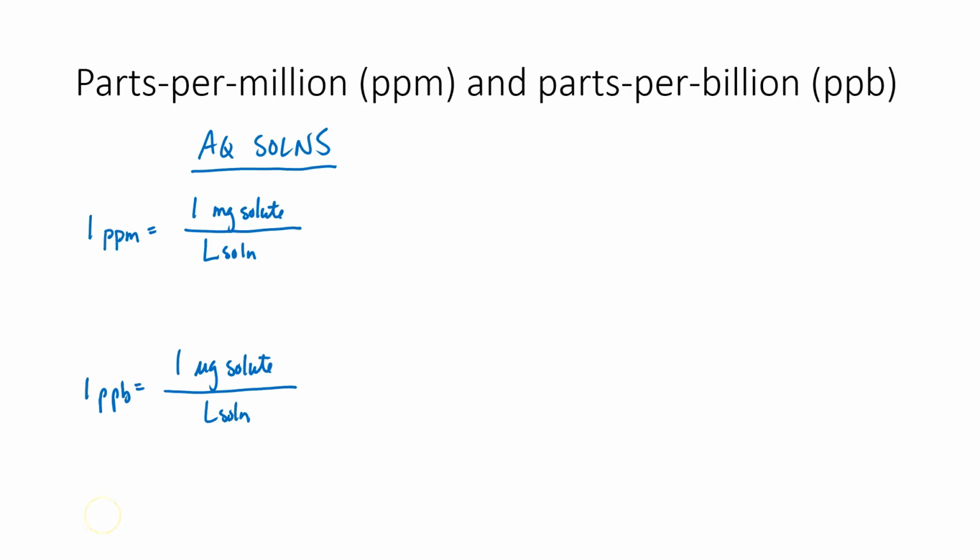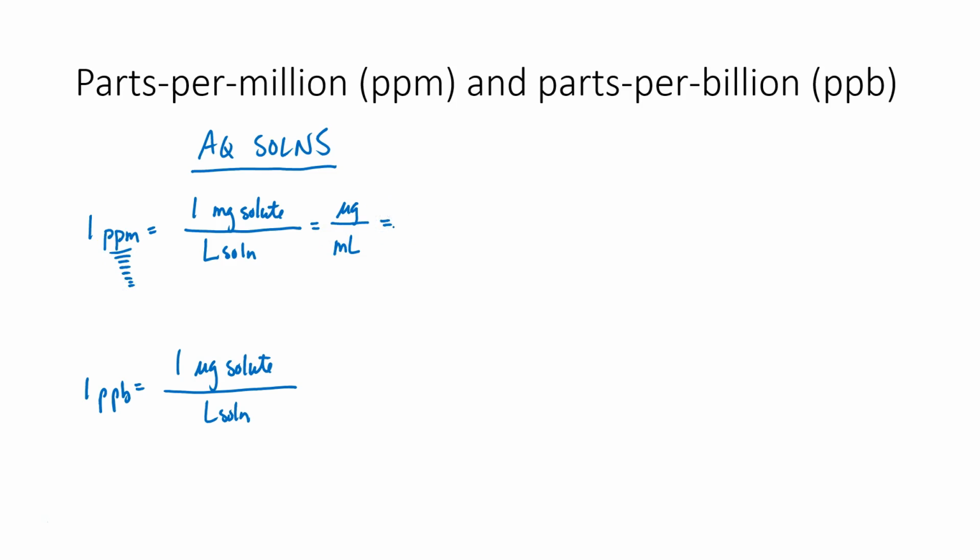Now, another way to express a ppm, if you look at this numerator and denominator and divide both by 1,000, that would give you micrograms of solute upstairs and milliliters of solution downstairs. So if you ever see a unit that's micrograms per milliliter, that's also a ppm.